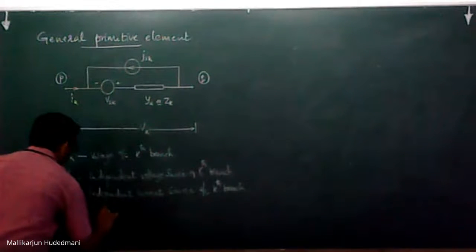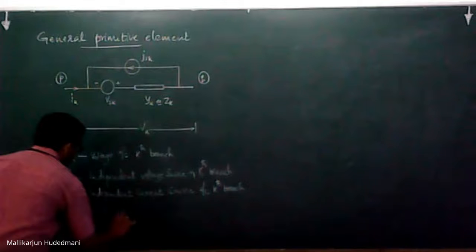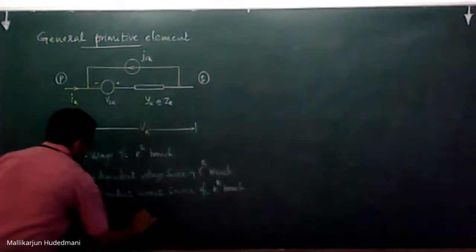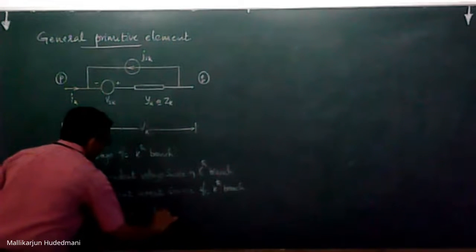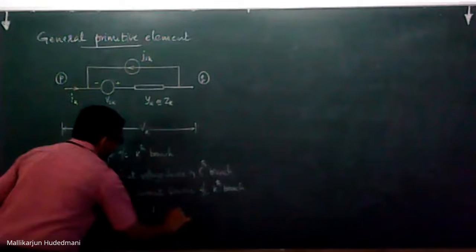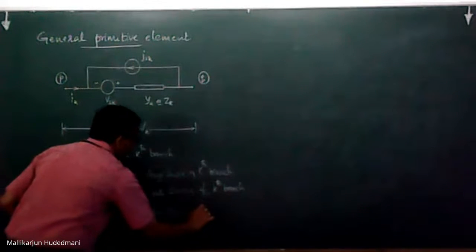Then I have one more elemental data. It may be YK or ZK. I said primitive admittance or impedance.